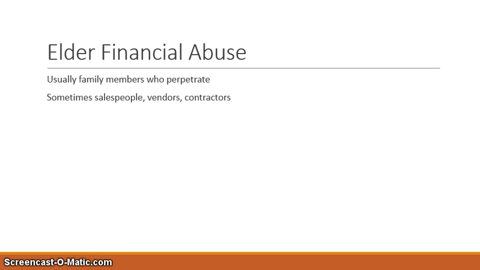A newer problem that's coming up a lot in the current environment is something called elder financial abuse. This is where somebody who is aged is taken advantage of by either family members or friends who they're relying on to help manage their finances. Most often, in my experience, these situations are with people's very own children.